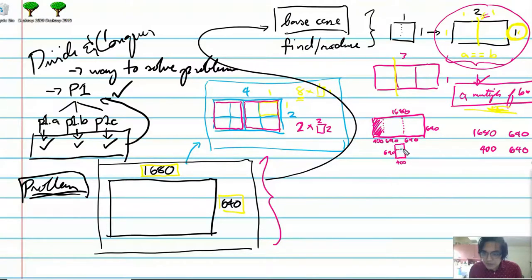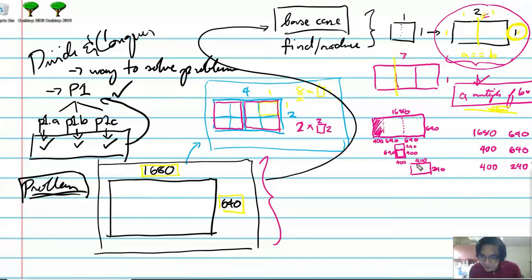So 400 by 400, the new square that I have an excess of is 240. So essentially, if I rewrite that again, I have 400 by 240. This is the 400 part, this is the 240 part.